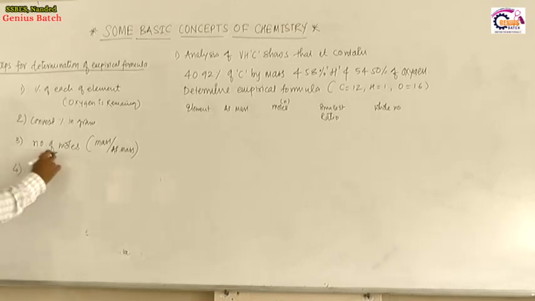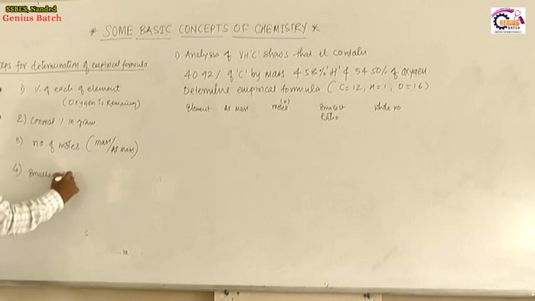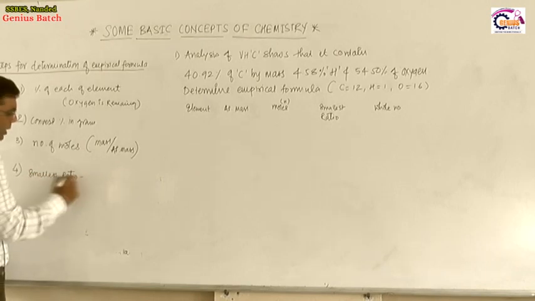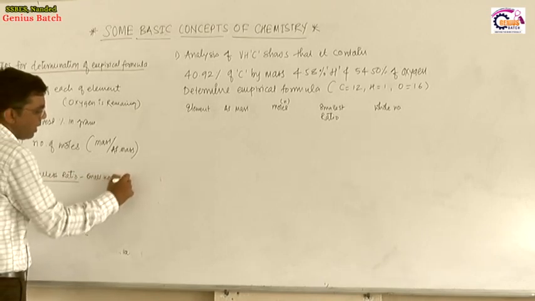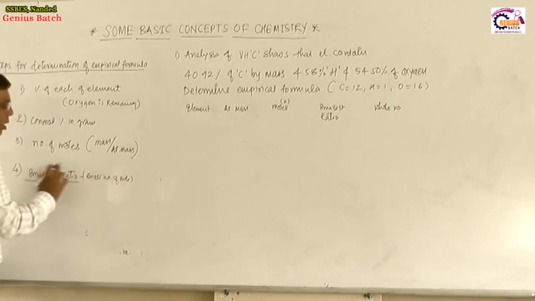Then from these numbers of moles, calculate the smallest ratio: divide all the numbers of moles by the smallest number of moles.